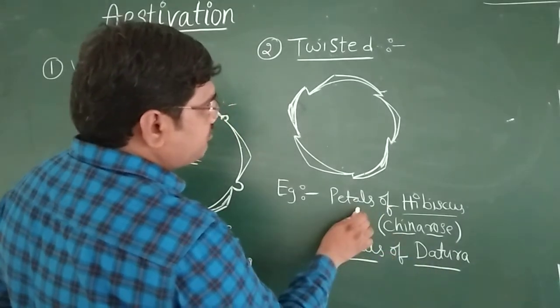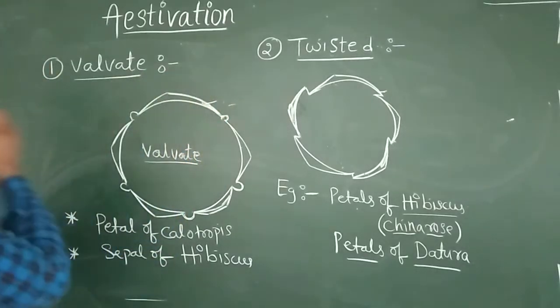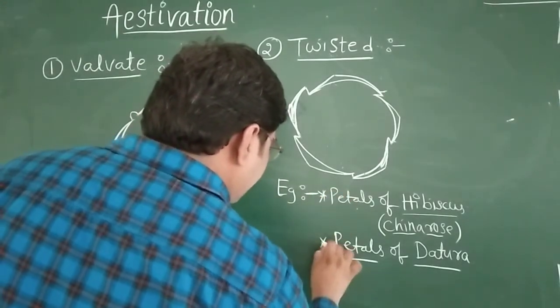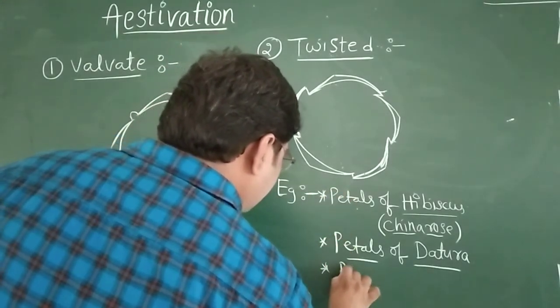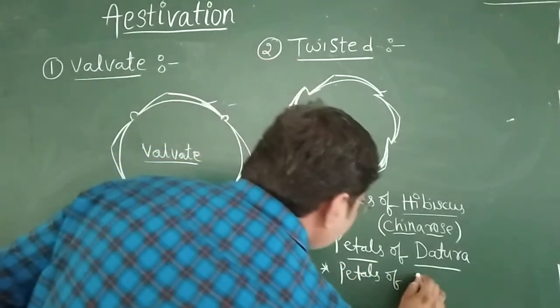These two are examples for the twisted estivation. Each petal margin is overlapping the next petal margin. So this is the second type of estivation. And one more example in twisted estivation is the petals of cotton flower.